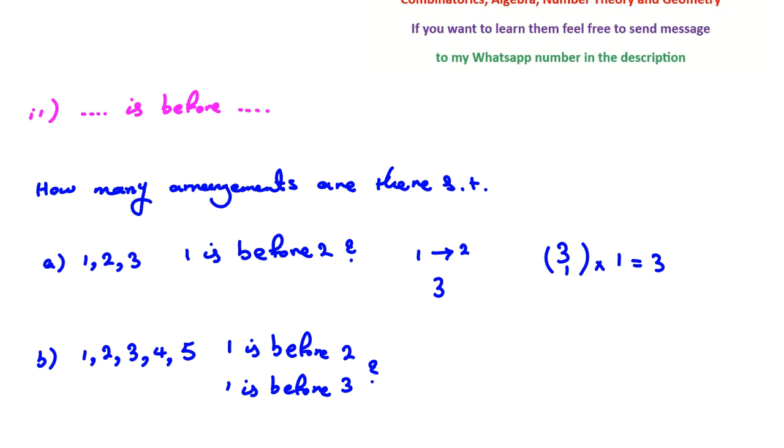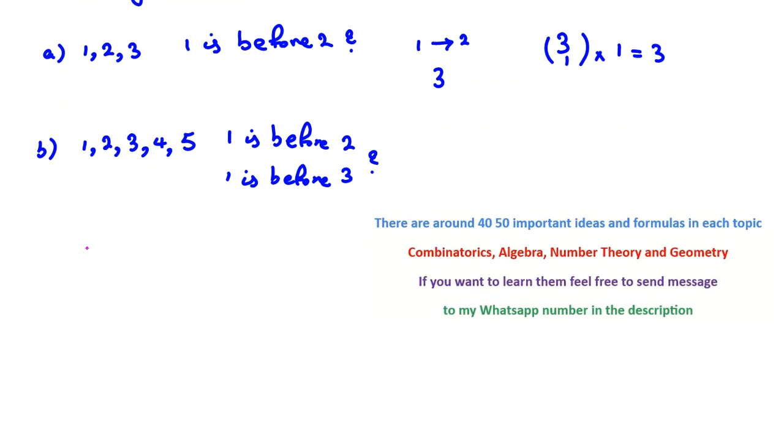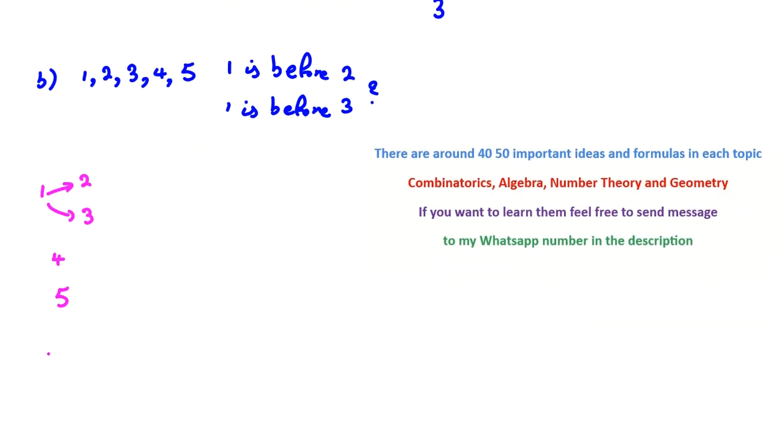If we draw the diagram for this one, 1 is before 2, is before 3, then 4, 5. So how many parts are there? 3 parts.